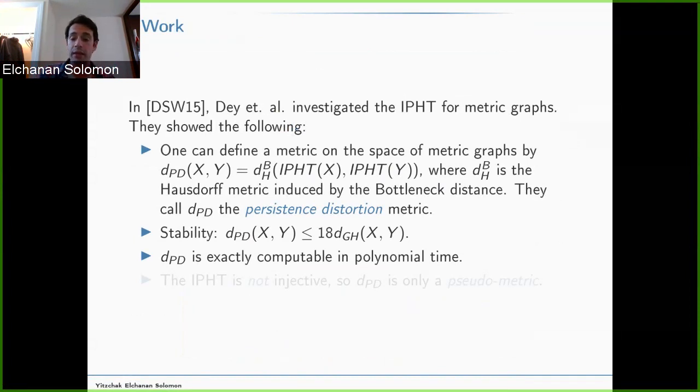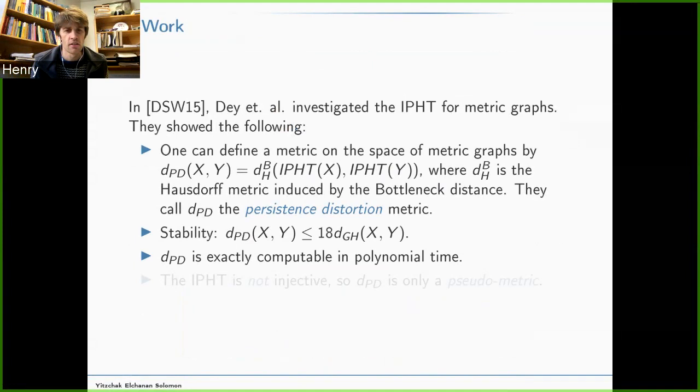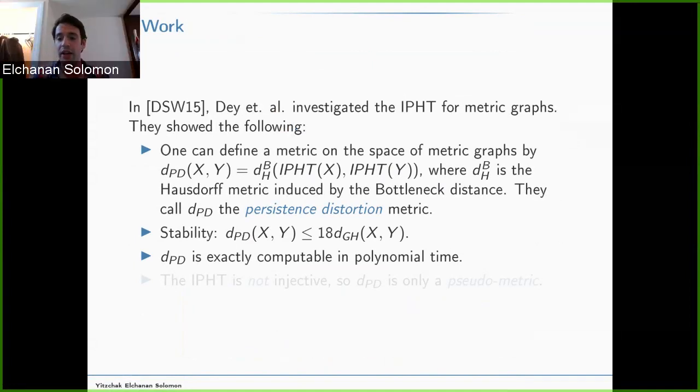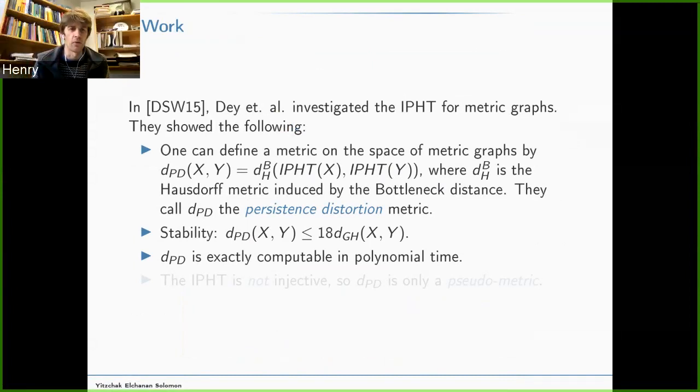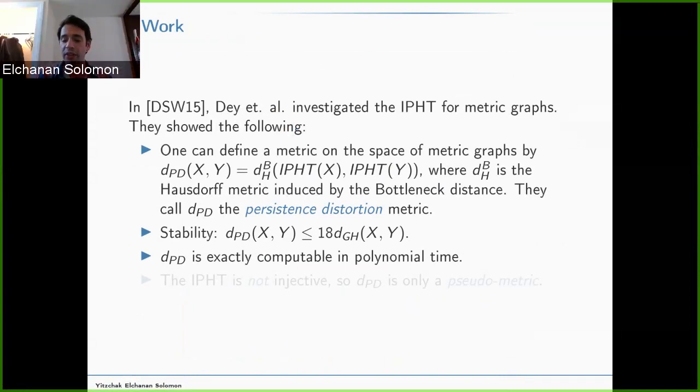And Isaac, a question there. Sure. Is this for any homological dimension of interest? So these are for metric graphs. So the information is just 0 and 1 dimensional. It's really mostly 1 dimension, actually. I see. So the focus in the discussion of metric graphs is pretty much just 1 dimension.